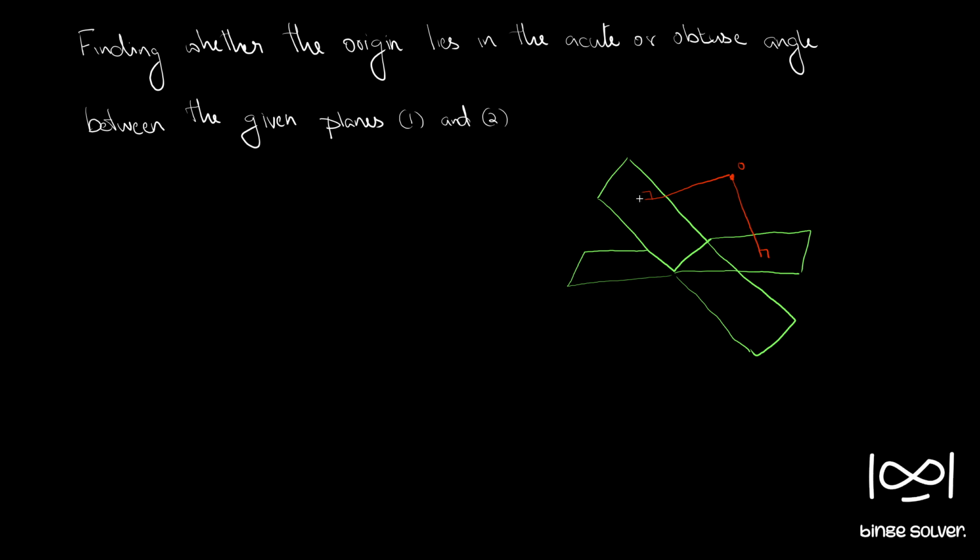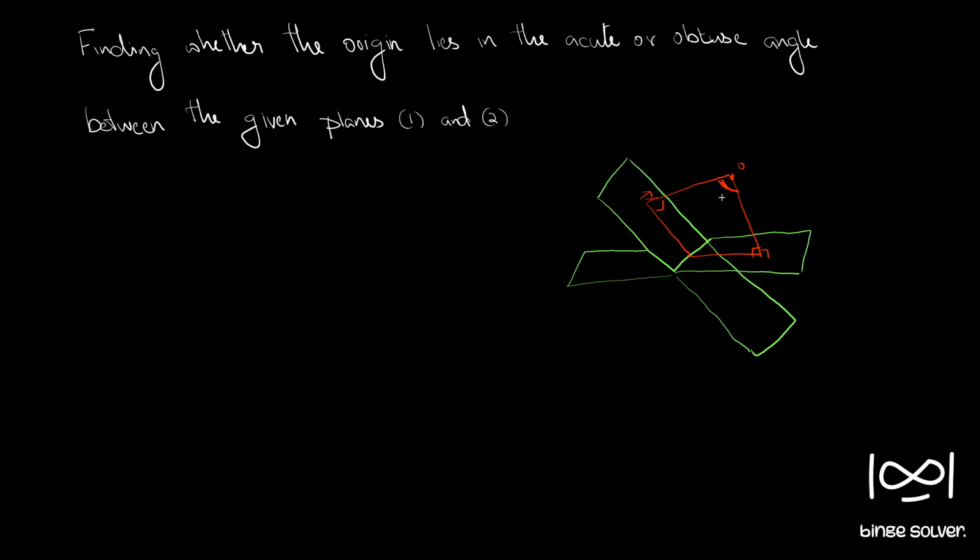Now you see, if you form a quadrilateral like this, you can check what this angle is. We know that this is 90°, this is 90°, and we can check what this angle is.